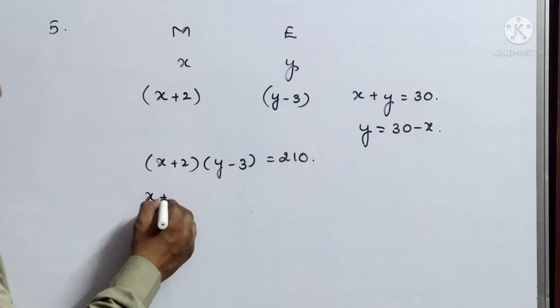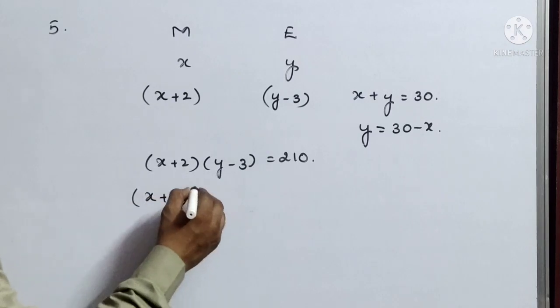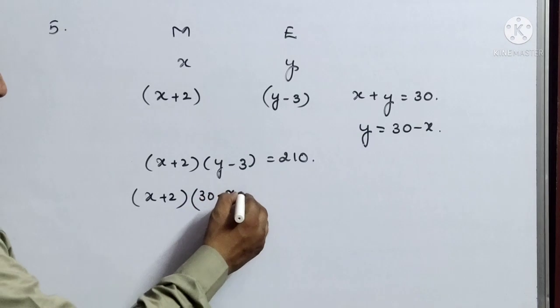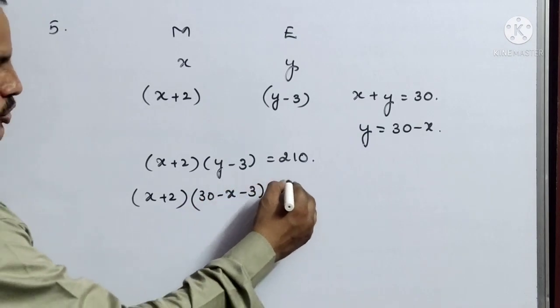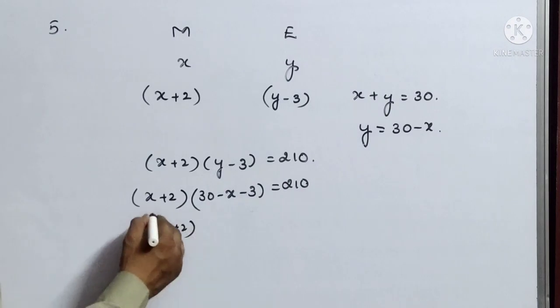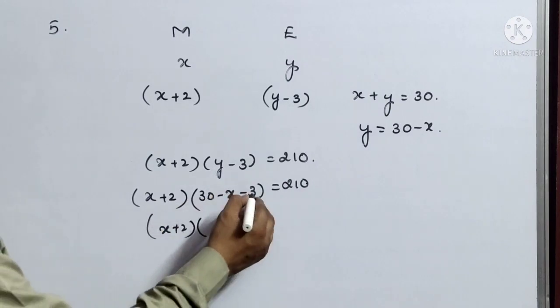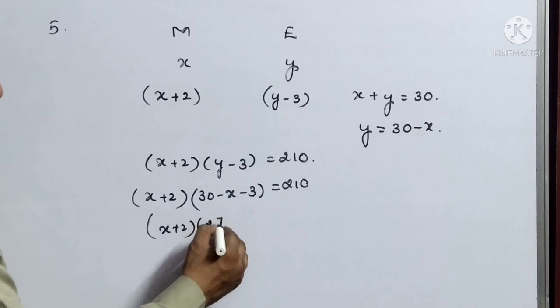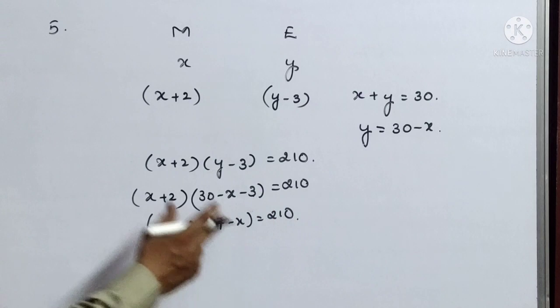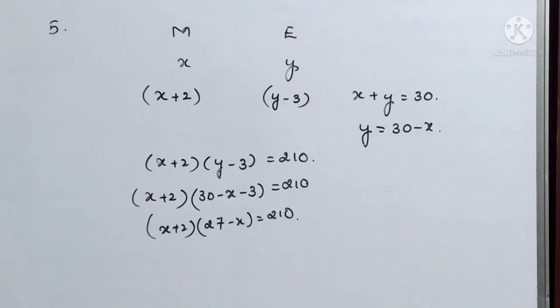So x plus 2 into y, which means 30 minus x, minus 3 equals 210. So x plus 2 into 30 minus 3, that is 27 minus x, equals 210. If you multiply this, you will get an equation.